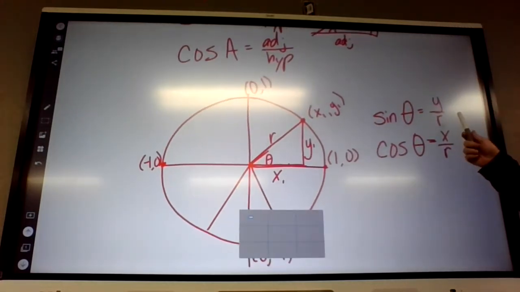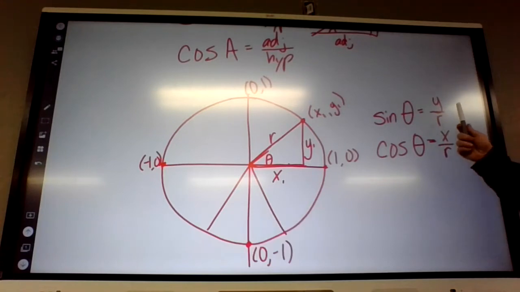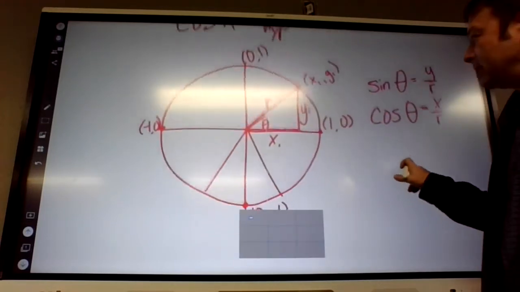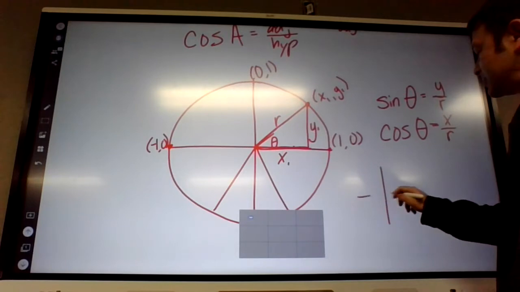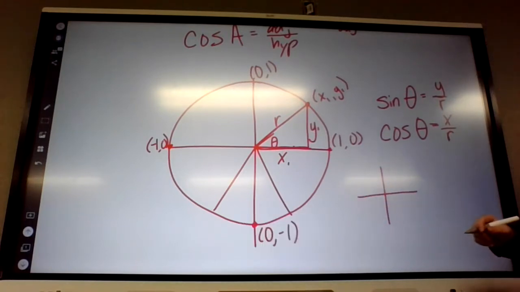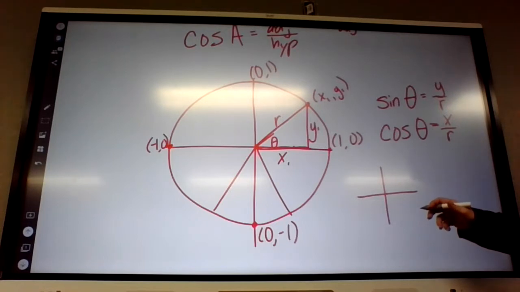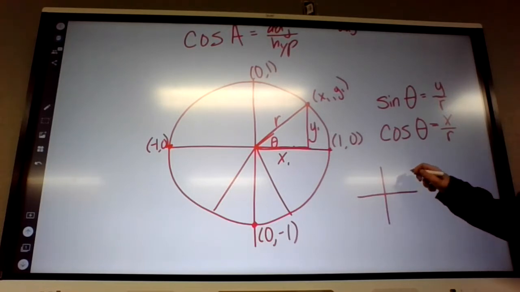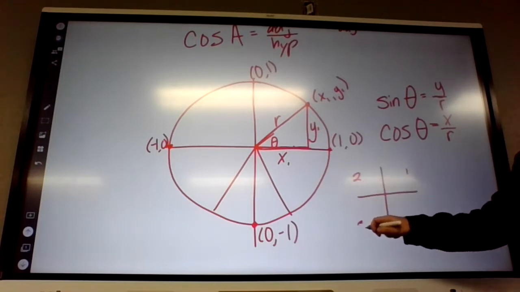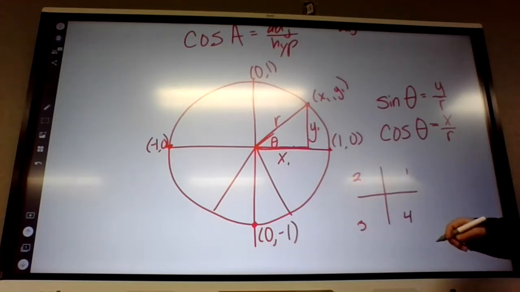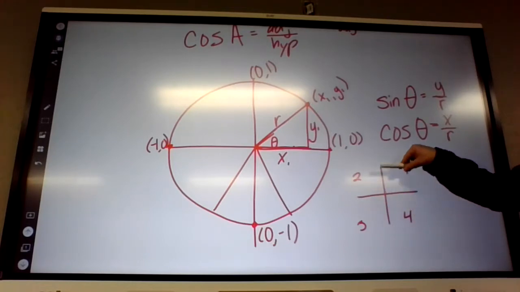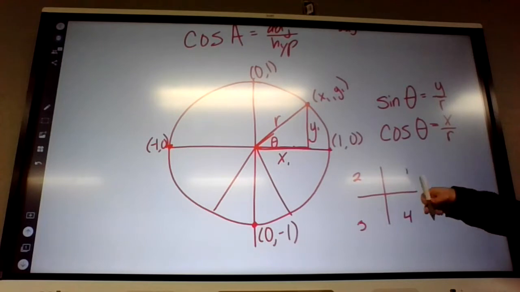Since sine is based off of the y value, what quadrants is the y value positive in? You guys remember what quadrants were? Which of these quadrants is the y value positive in? 1 and 2. Y value is positive going up.